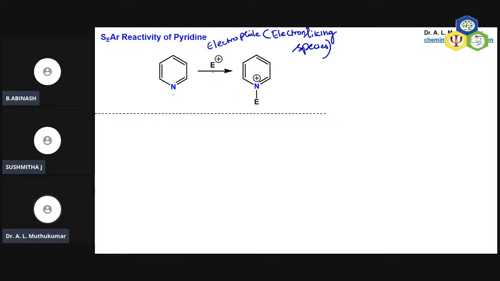So it needs electrons. Pyridine has a nitrogen atom which contains a lone pair of electrons which is free in nature. So immediately it coordinates with this electrophile and forms the corresponding pyridinium ion.